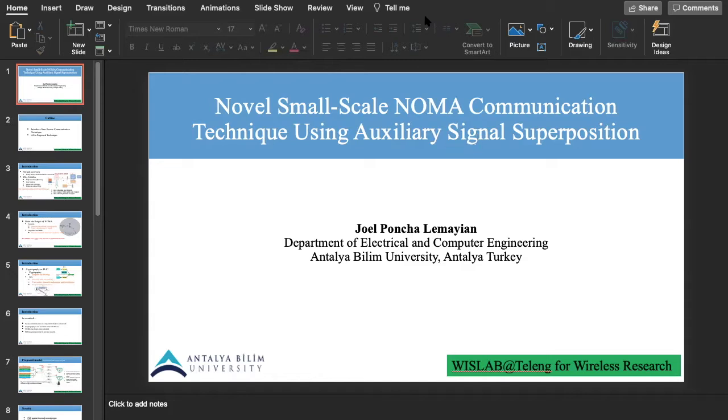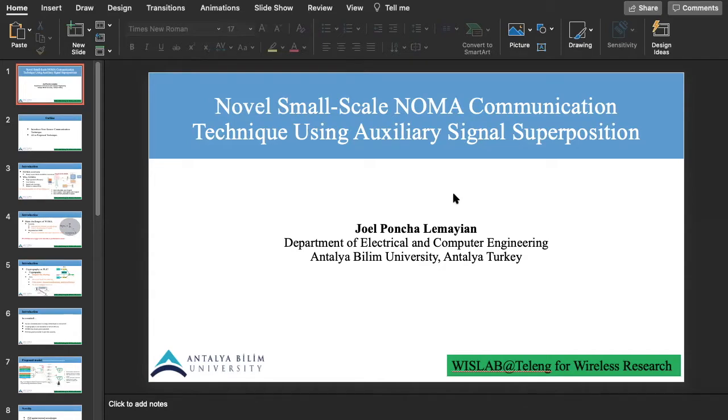Okay. So I will just go over the work that I'm doing right now in my research, and after that we'll discuss some gaps or other things that I'm trying to achieve in the same research. If you are able to read the conference paper that I shared, it's about a novel small-scale non-orthogonal multiple access communication technique using auxiliary signal superposition.